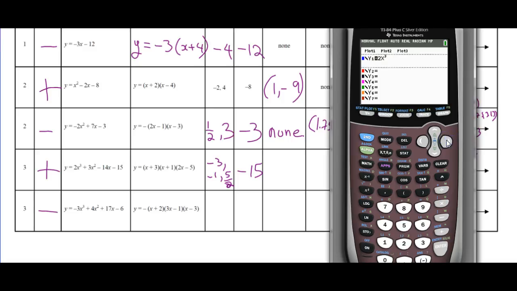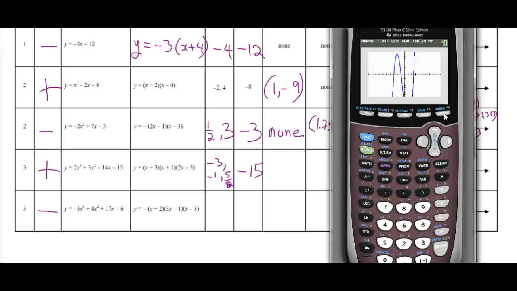Okay, 2x cubed plus 3x squared minus 14x minus 15. And hit graph, just use the standard window, and we'll see if we have to adjust.